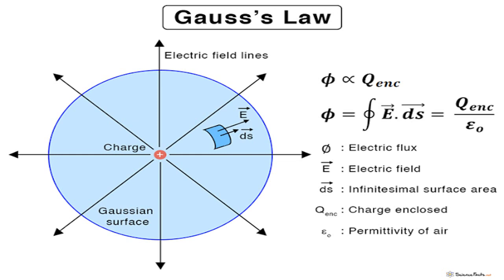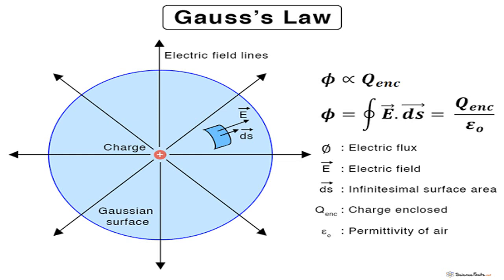And then when Gauss discovered this formula, he made a public declaration of his law, saying that the total electric flux through an enclosed surface is equal to the net quantity of charge in the surface divided by the permittivity of free space.